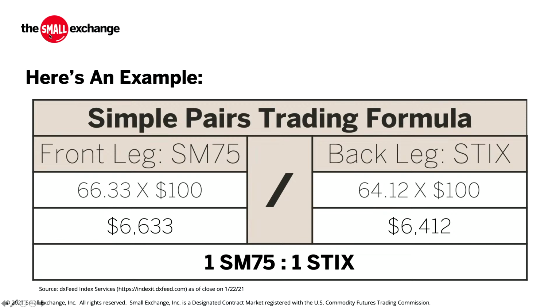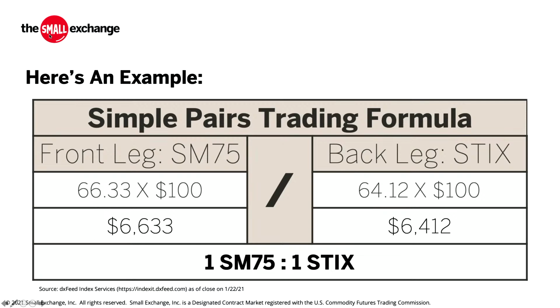I get it, but pairs trading is not a situation where it needs to be. If you're trying to get this to be exactly 1-to-1, you're going to have to do like 75 SM75s against like 80 sticks. It's really just a futile effort. But you can see here the difference of a couple hundred dollars I can live with on a pairs trade, and that gets you to 1 SM75 to 1 sticks.